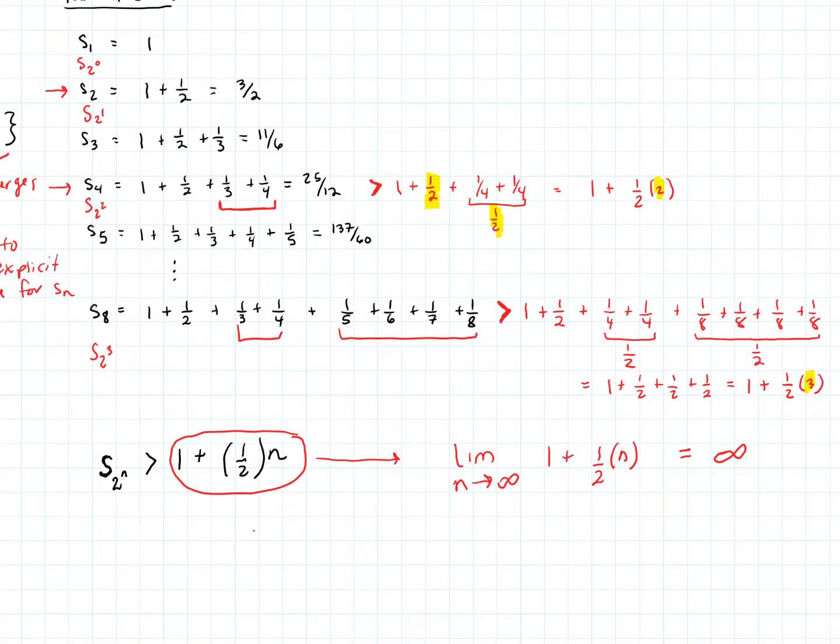So therefore S of 2n is greater than infinity as n approaches infinity.